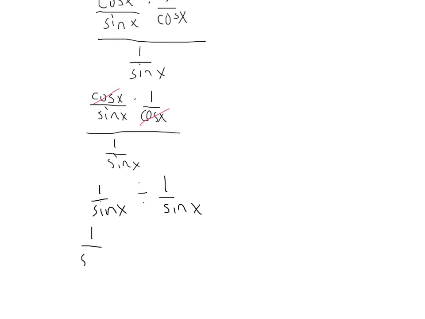Again, whenever we are dividing by a fraction, we can multiply by its reciprocal. Sine of x cancels out, so we are left with 1.